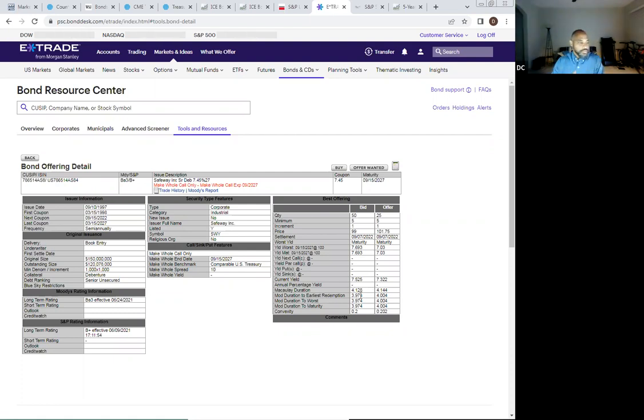I'm not going to go too deep into all of that, but I wanted to show you this because I put out an opinion last month about my preference for wanting spreads to widen a little more.